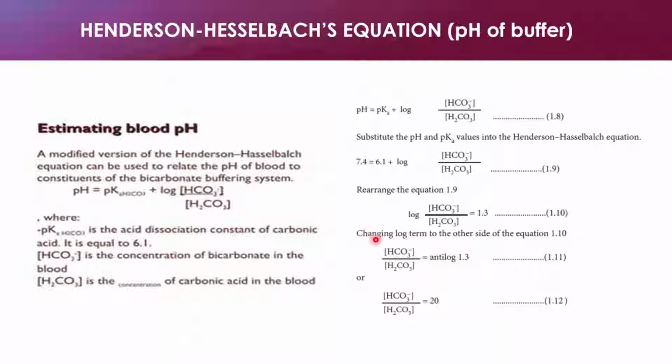And also changing the log term to the other side of the equation, we will have the concentration of this divided by this equal to the antilog of 1.3, as equation 1.10. And rearranging this, we will have the concentration of this divided by this equal to 20, as equation 1.12.